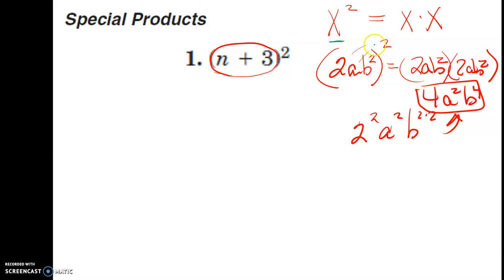This idea of giving everybody a piece of the exponent, sort of distribution, applies only when I have multiplication inside. So we have to be careful here. This is not n squared plus 3 squared, which is n squared plus 9. That is not what this says we're going to do.